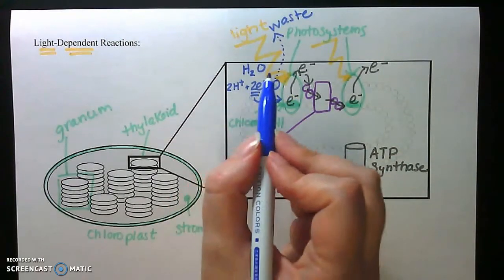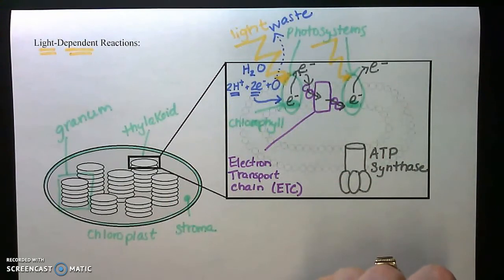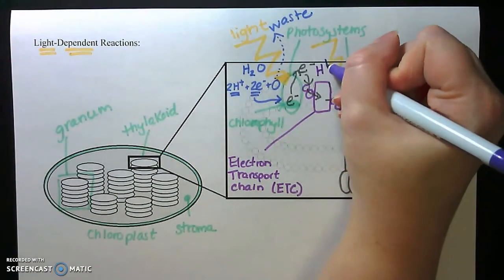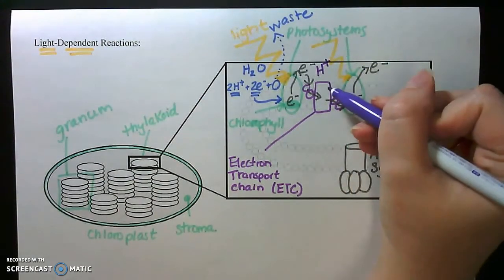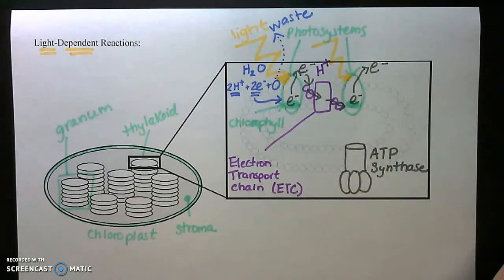Now the other component, these hydrogen ions, they are also going to be used. So the hydrogen ions are going to be floating around outside of the thylakoid. So that means there's going to be a source of hydrogen ions for this electron transport chain to do its other job. Now, job number one of the electron transport chain is to transport electrons.